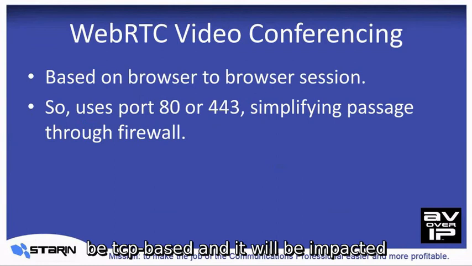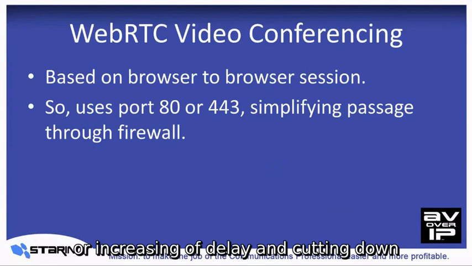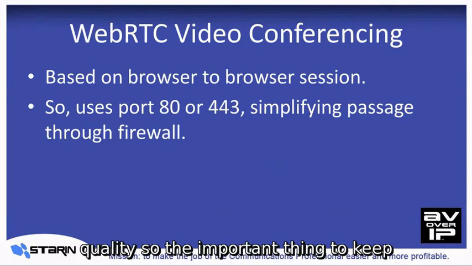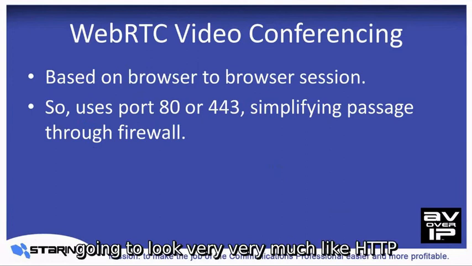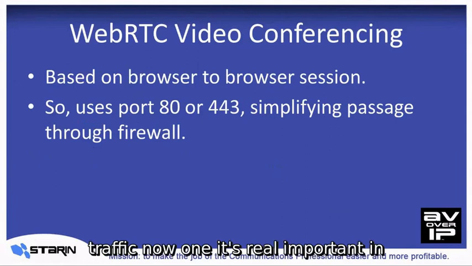And it will be impacted by loss by either degrading the quality or increasing the delay and cutting down the amount of bandwidth that's available, which in turn will probably cut the quality. So the important thing to keep in mind here is WebRTC is really going to look very much like HTTP traffic, like standard web browsing traffic.